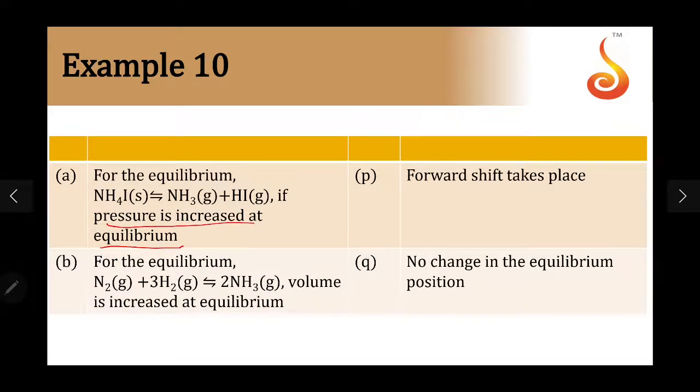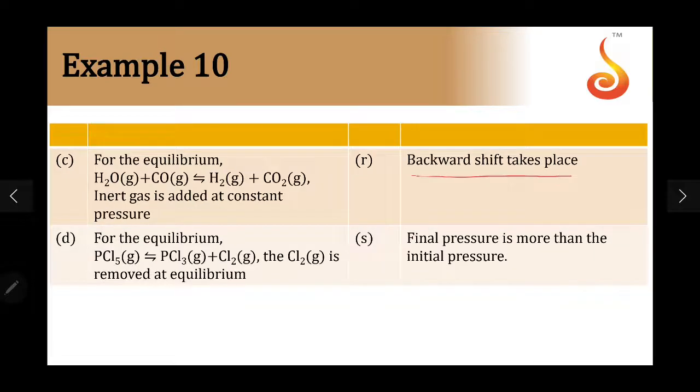Same way for the reaction nitrogen, hydrogen combine to give ammonia. Volume is increased. Volume is increased means pressure is decreased. If pressure is decreased, according to the equation, you can see higher number of moles in the left hand side. Again, here reaction goes to backward direction. So B also is mapped to R. Then for the equilibrium, H2O, CO, H2 and CO2.